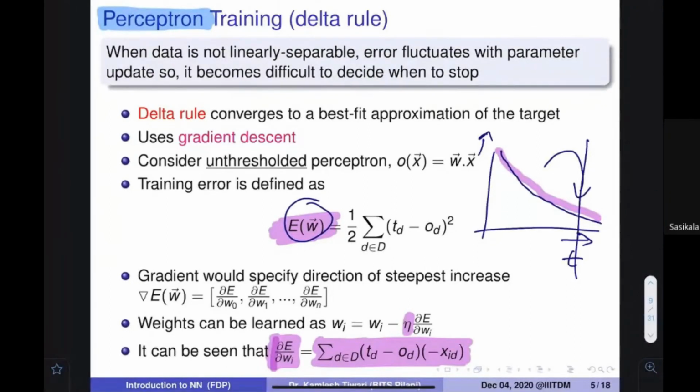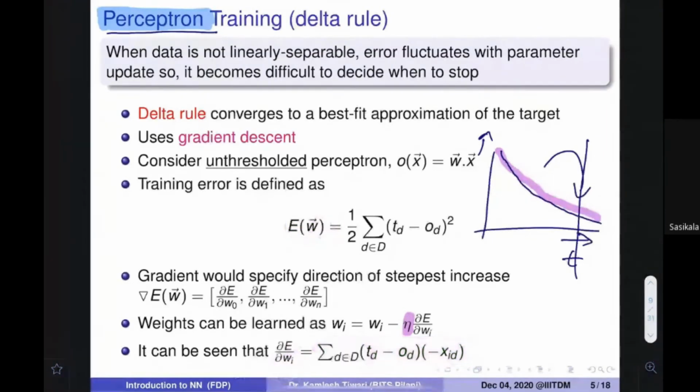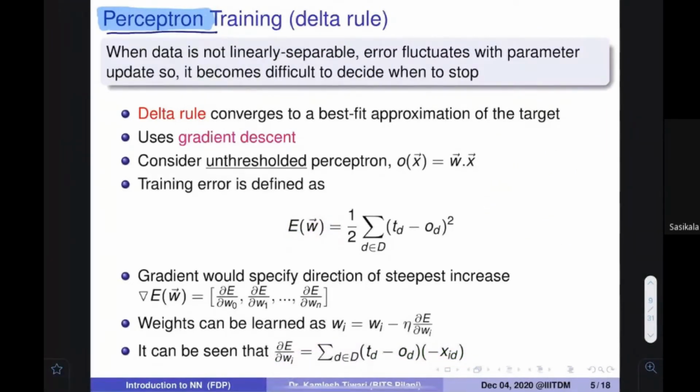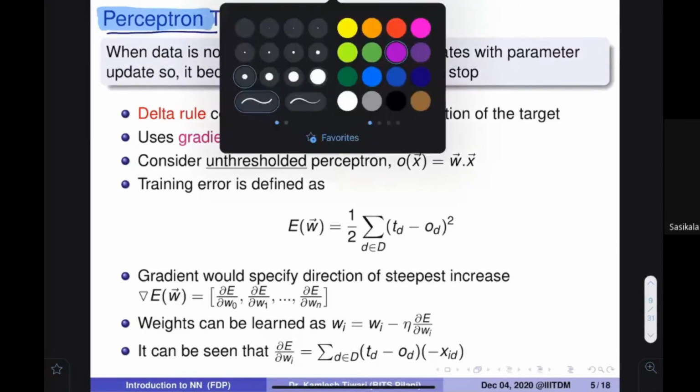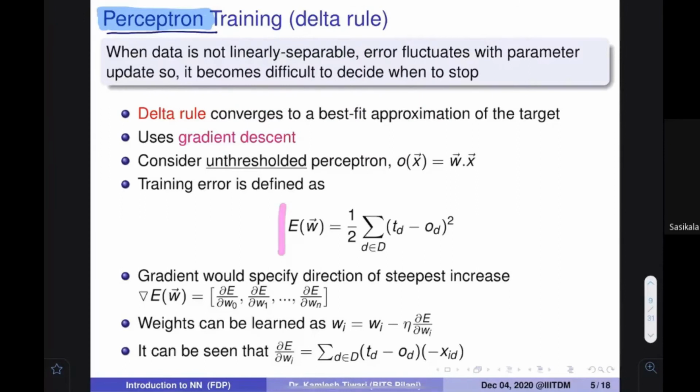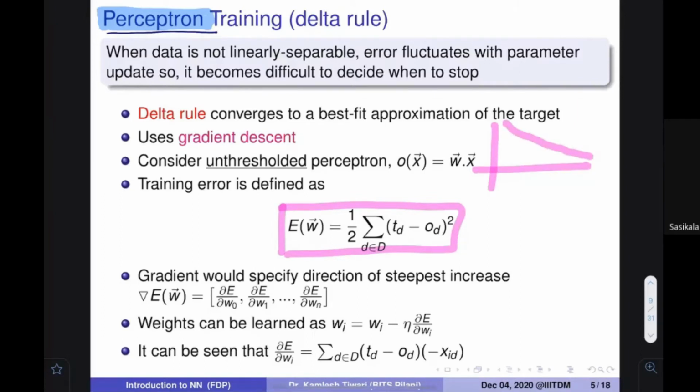But now we got a very interesting thing, that if you remove the thresholding, once again, I want to repeat, everybody please try to see what I am telling. If you use the error function, then your error would continuously decrease.